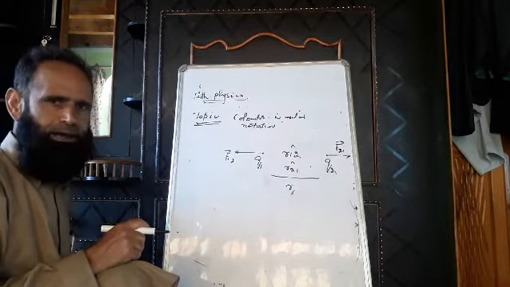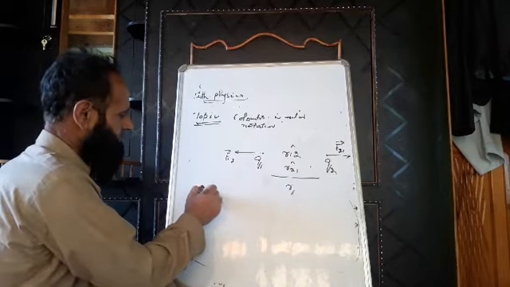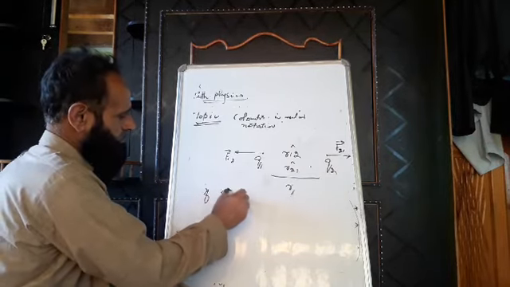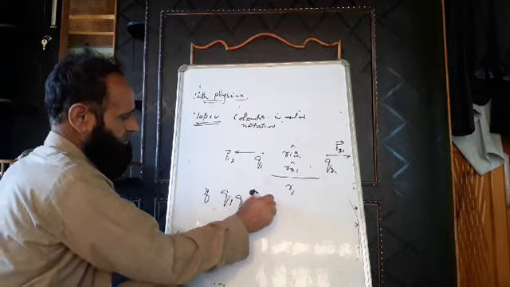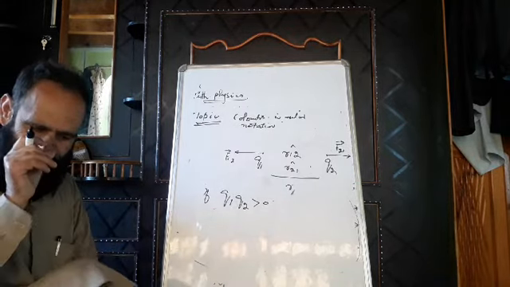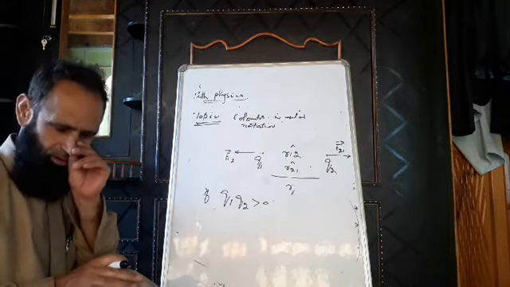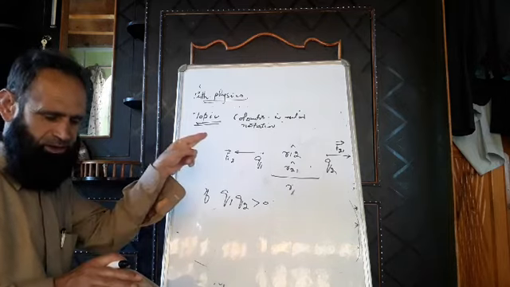Okay, for like charges, Q1 into Q2 is greater than 0. It is shown in the figure.